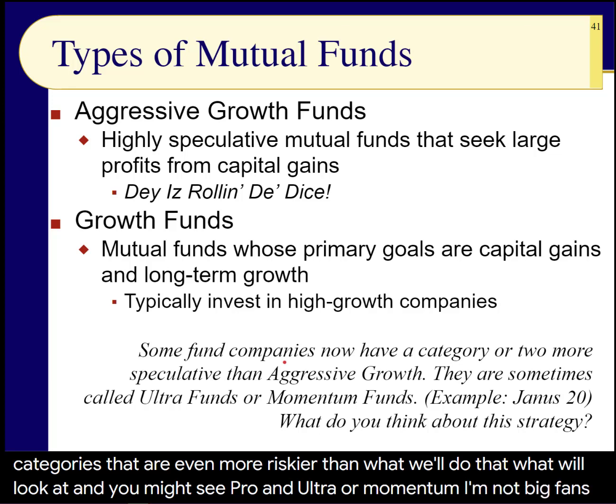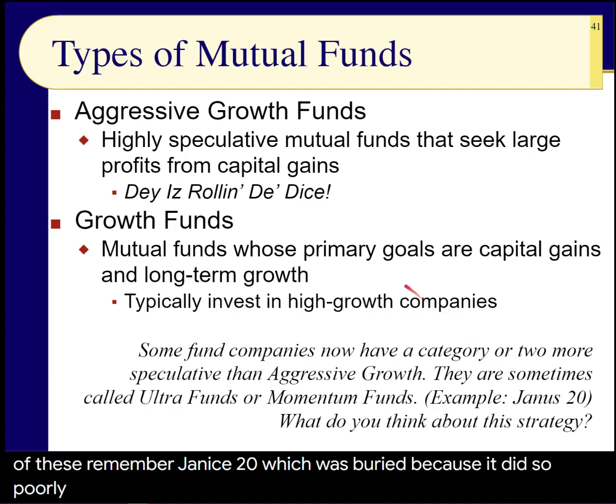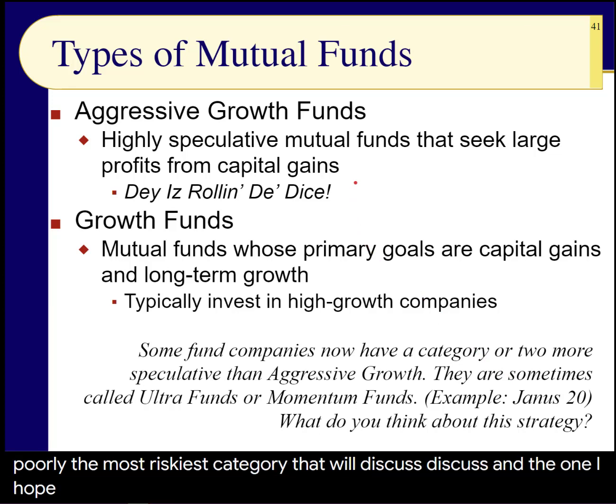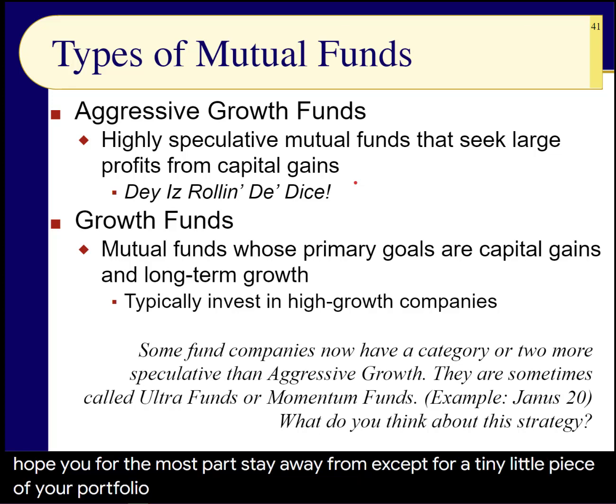I'm not a big fan of these. Remember Janus 20, which was buried because it did so poorly. The riskiest category that we'll discuss, and the one I hope you, for the most part, stay away from, except for a tiny little piece of your portfolio, is the aggressive growth funds.